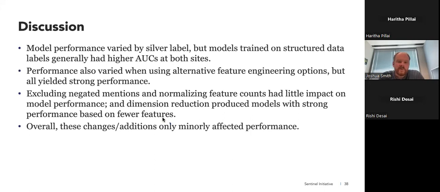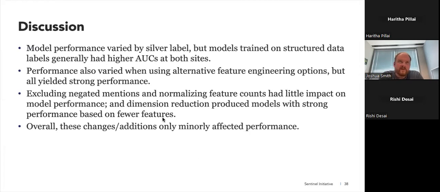Performance also varied when using those different alternate feature engineering options, but they all yielded strong performance. And it turned out that excluding the negated mentions or normalizing feature counts actually had fairly little impact on model performance. And dimension reduction produced models with strong performance based on fewer features.